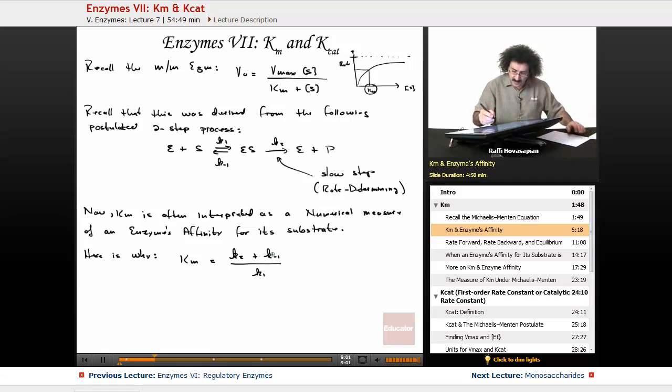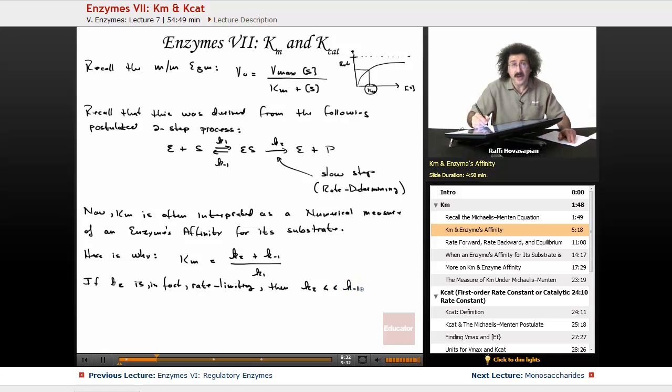Now, let me write this a little bit better. If K2 is in fact rate limiting, in other words, if that K2 step is really the slow step as was postulated, then K2 is a lot less than K negative 1.